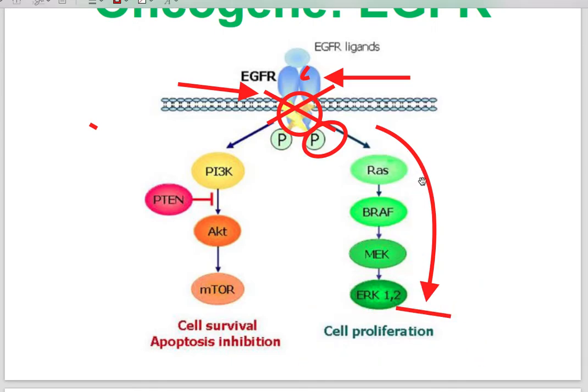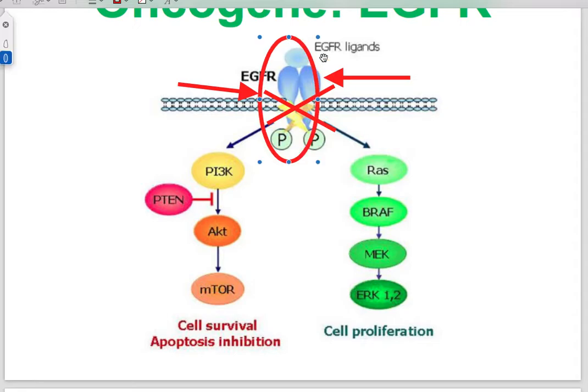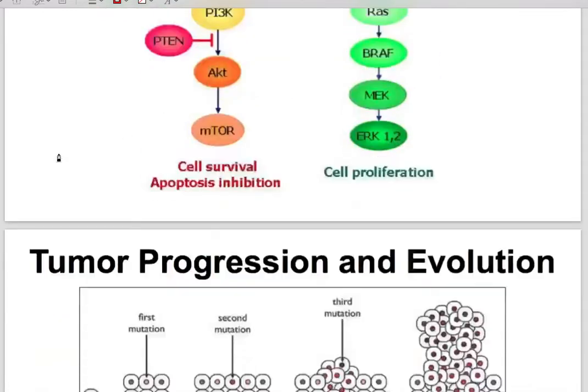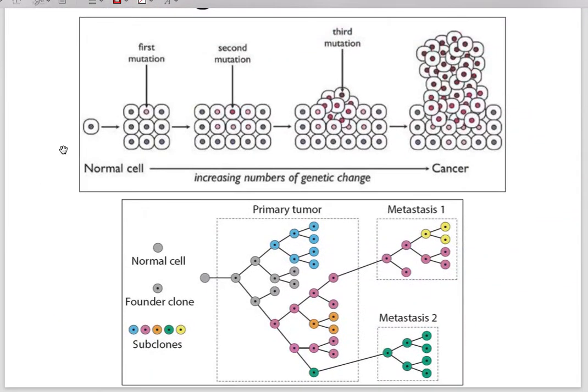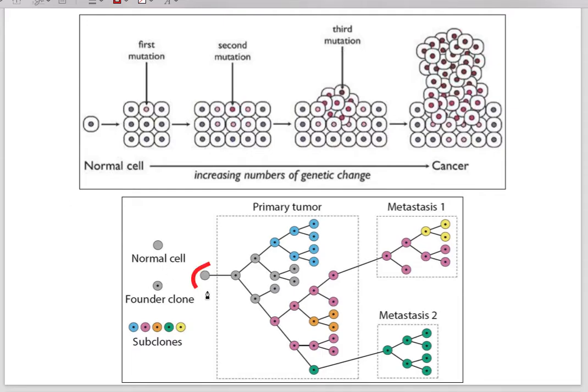That's why we covered a lot of those cell pathways, so you can see all the downstream effects that issues at the receptor can really have. We talked about this a little bit too, where here's your normal cell, you get one mutation. This population kind of grows. Sometimes you get a population that gets one more mutation, but it's benign, it never really does anything.